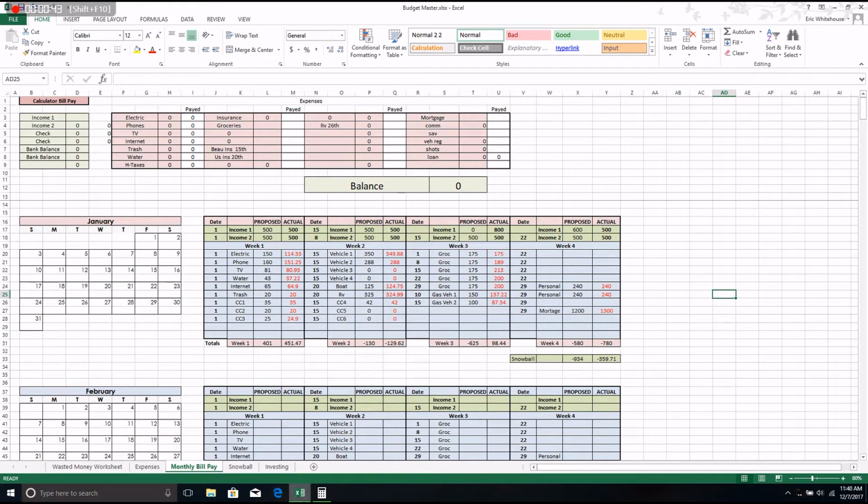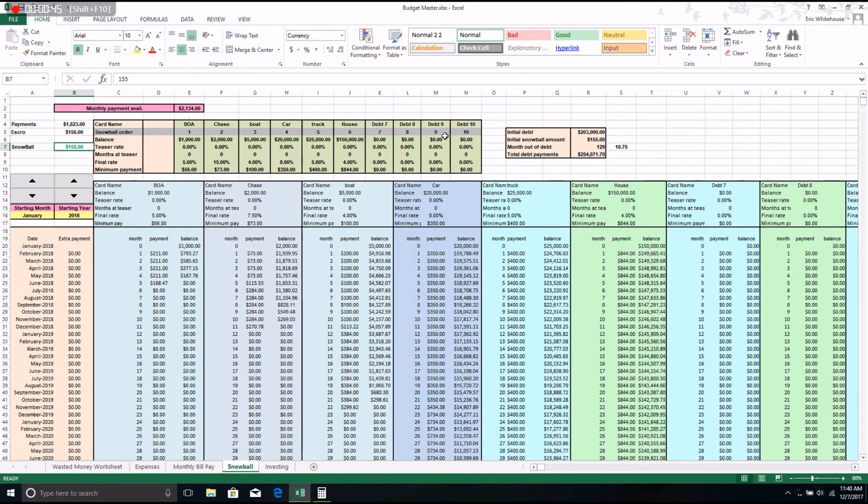Now in this one here, we're going to apply that to our snowball. In part one of this, I show you how to set this up. The first thing is you have to put in all of your bills from smallest to largest. So you take all of your bills, get out your invoices, take a look at them, pile them up from smallest to largest.